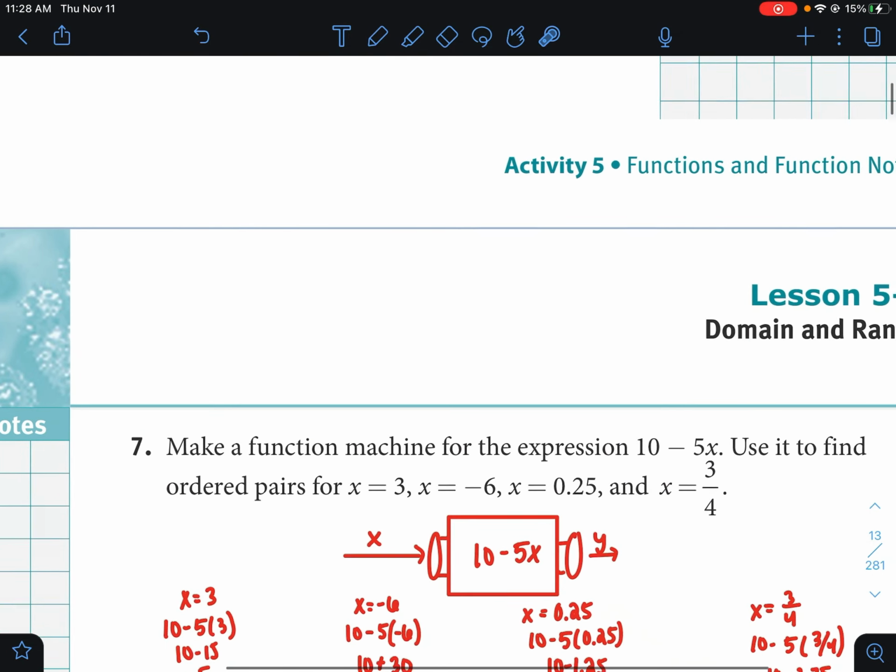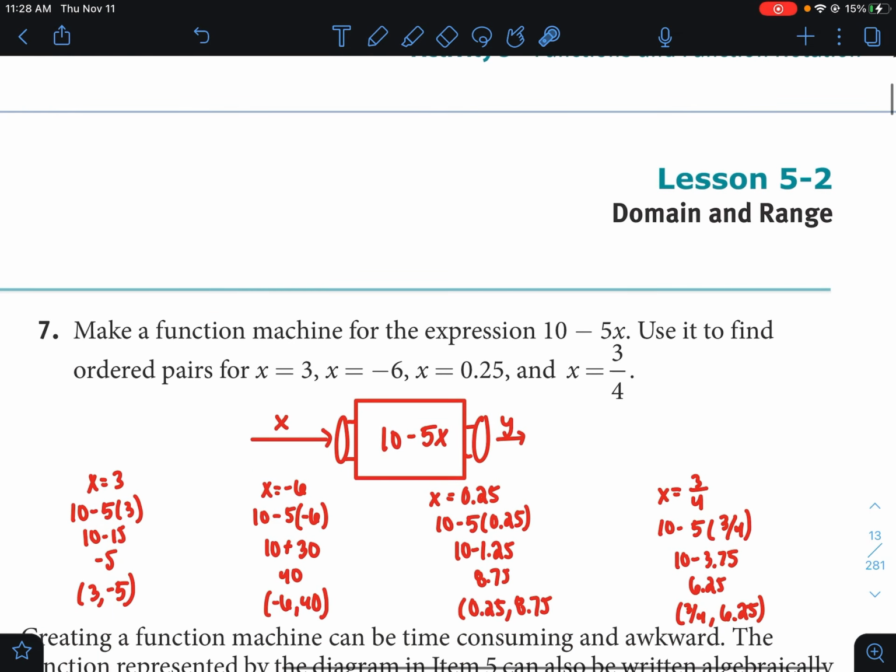So, moving on down. Number 7 says make a function machine for the following expression and use it to find the ordered pairs for x is equal to 3, negative 6, 0.25, and 3/4. Okay, so that's what my function machine looks like. I'm not an artist, so don't judge me here, okay? But then I have to make my ordered pairs.